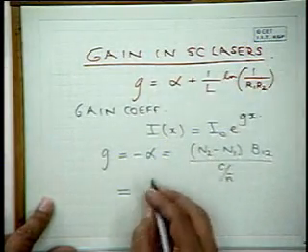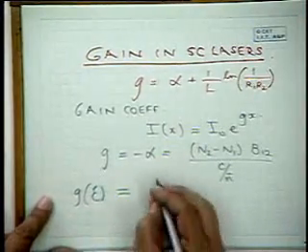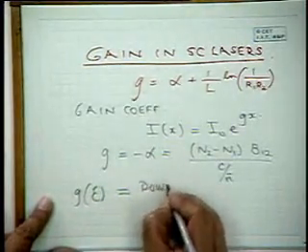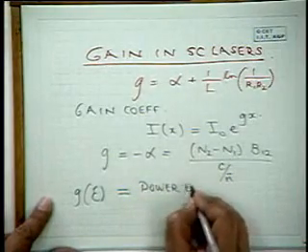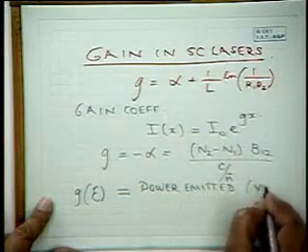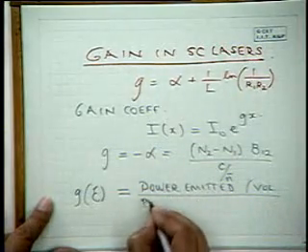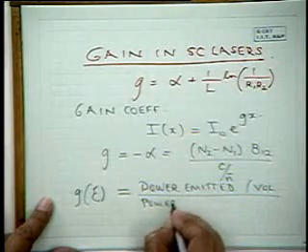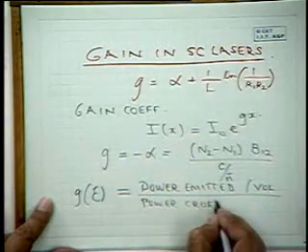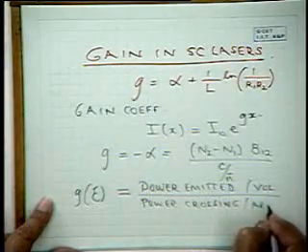And G, if you look at the definition, it is the power emitted per unit volume over power crossing per unit area.